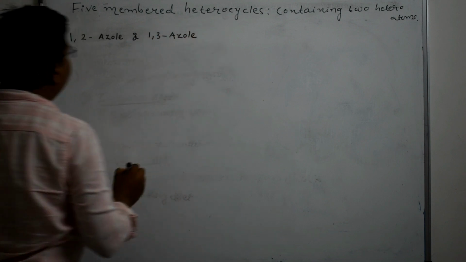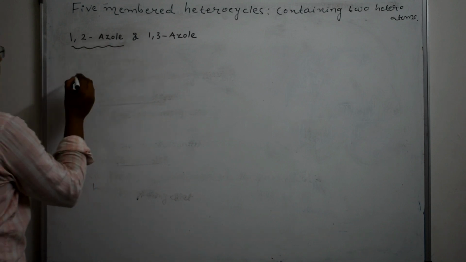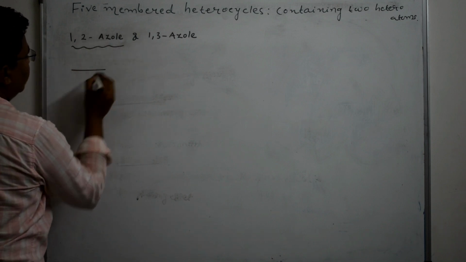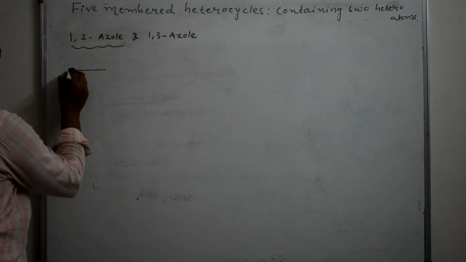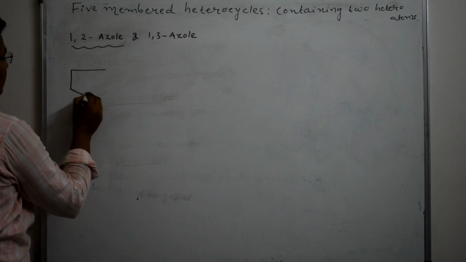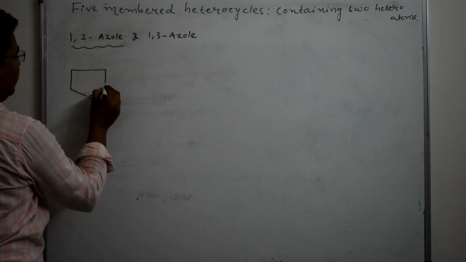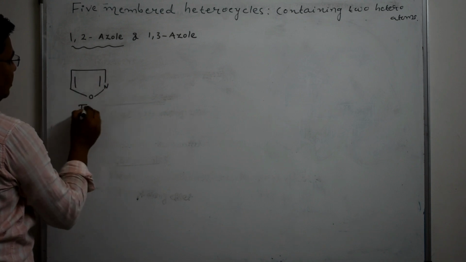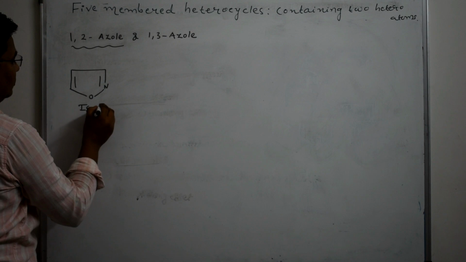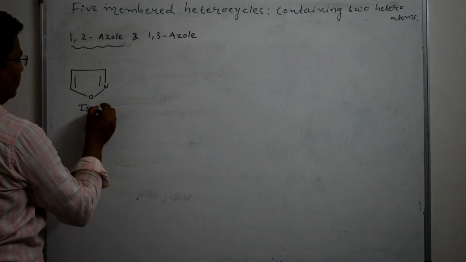Now in the case of 1,2-azole, the two heteroatoms will be at positions 1 and 2 like this. Suppose if we take oxygen here and nitrogen here, then this will be called isoxazole.